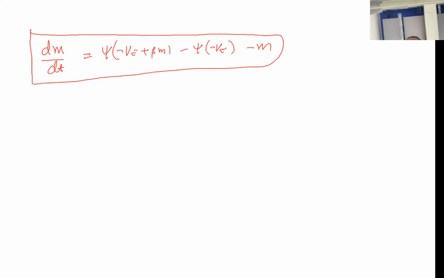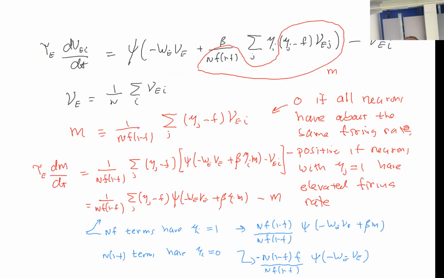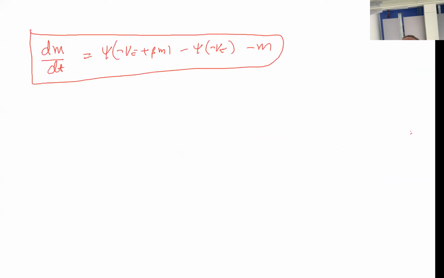So what about the update rule for the average firing rate? We're just going to average this term. So that's actually easier. So we have tau, actually, sorry, there's a tau e here.